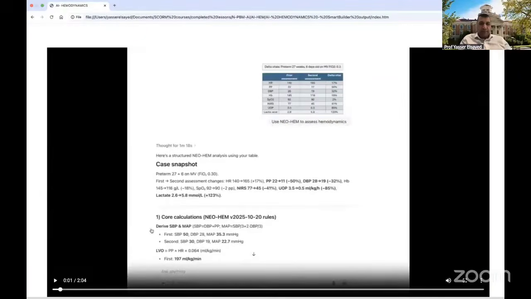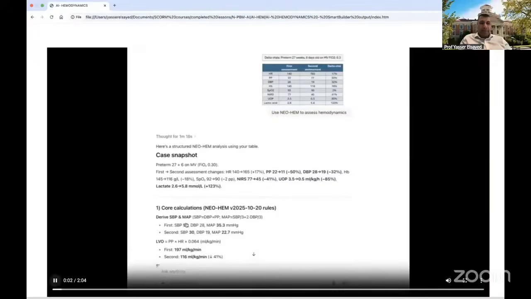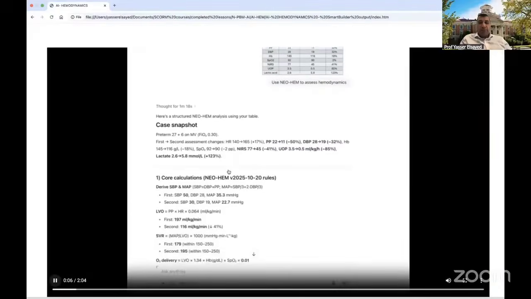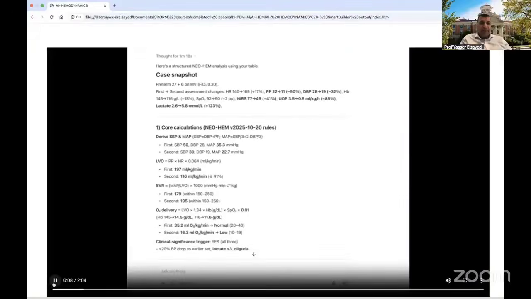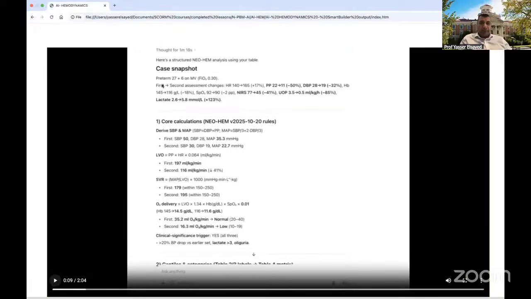That's the name I have given to the twin hemodynamics AI, and there are just 2 full pages of very detailed assessment, based on very simple data. I did not give the systolic blood pressure and mean blood pressure, but the system calculated them from the pulse pressure and the diastolic blood pressure.